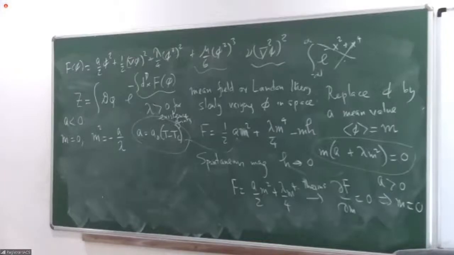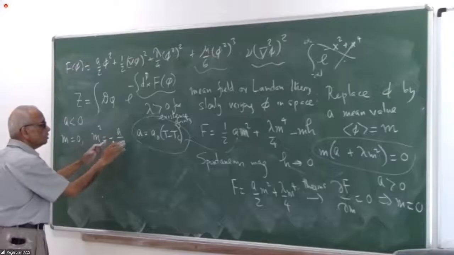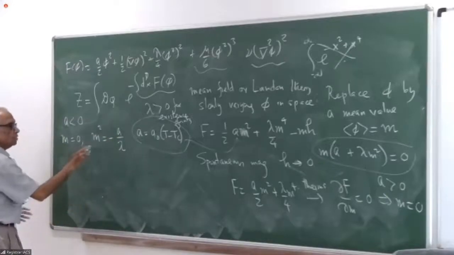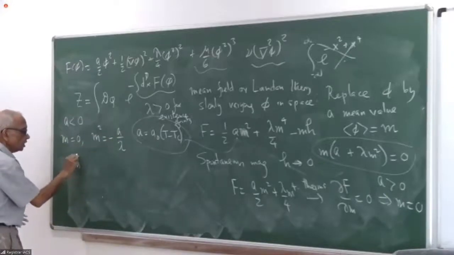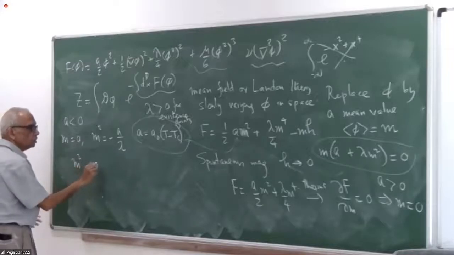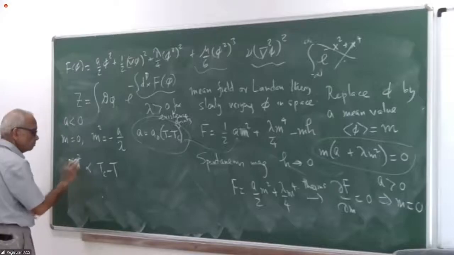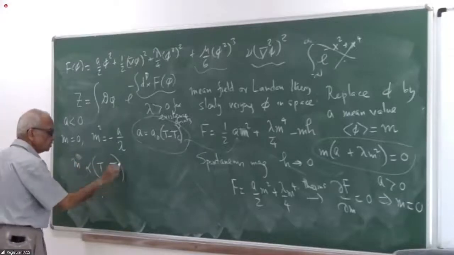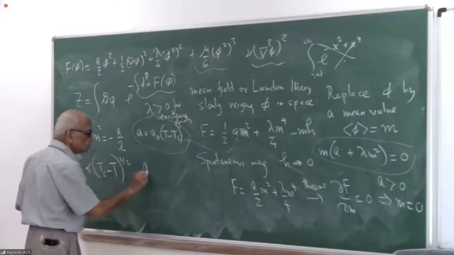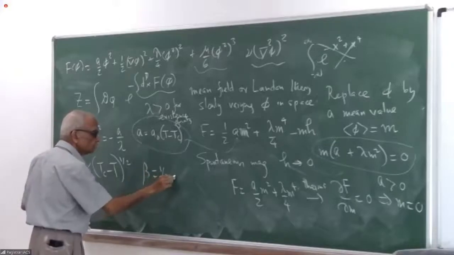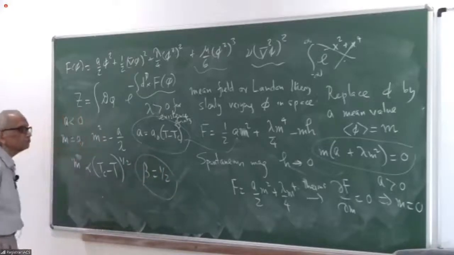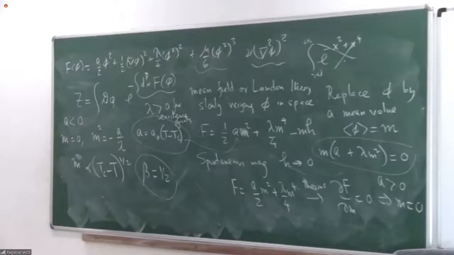So, all right. m squared equal to minus a over lambda means that m squared is proportional to Tc minus T, and therefore m is proportional to (Tc minus T) to the power half. So the critical exponent beta is equal to half. So that's point number one.